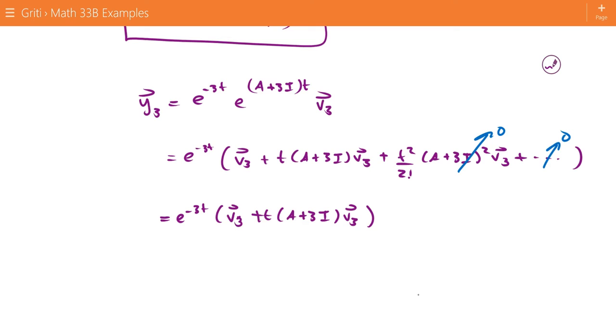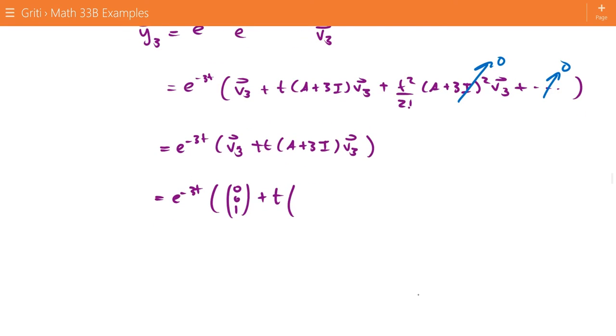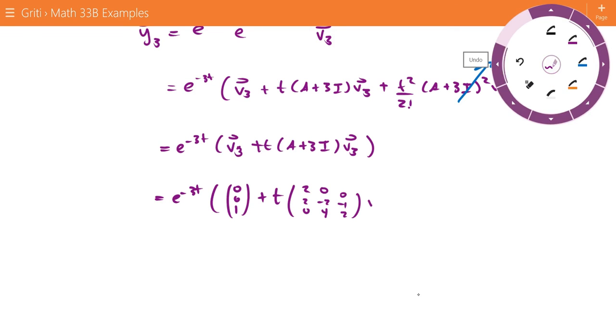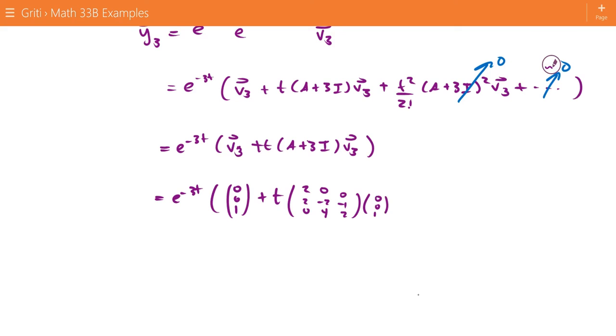So this is going to equal e to the -3t times 0, 0, 1 plus t times A plus 3i, which is 2, 0, 0, 2, -2, -1, and 0, 4, 2, times v3, which is 0, 0, 1.